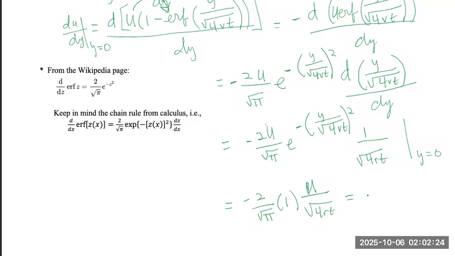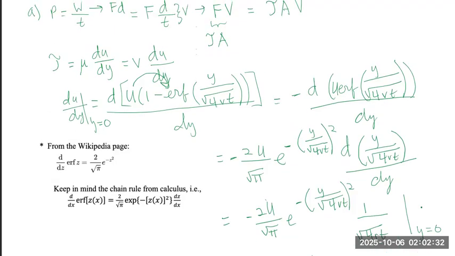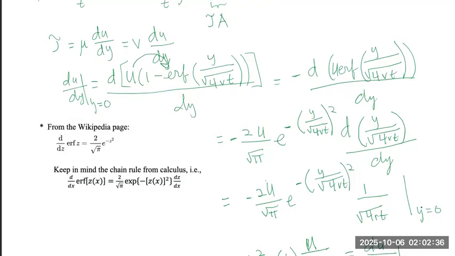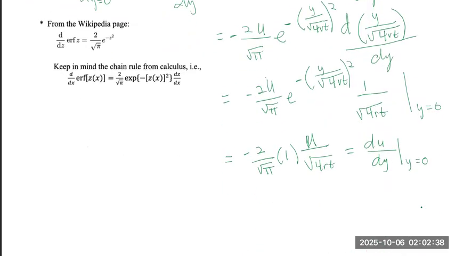And just so we don't lose track of the big picture, this is equal to du/dy evaluated at y equals 0. So now we have all that underway. We want to find the value for the shear stress.